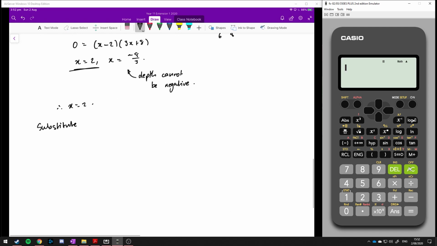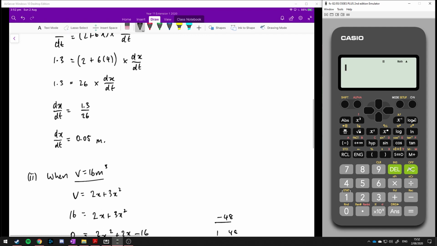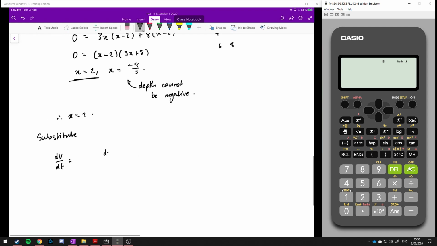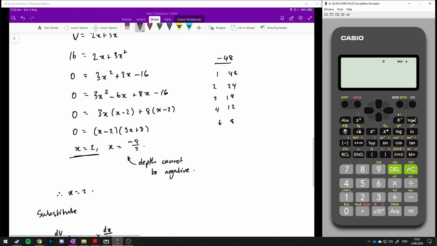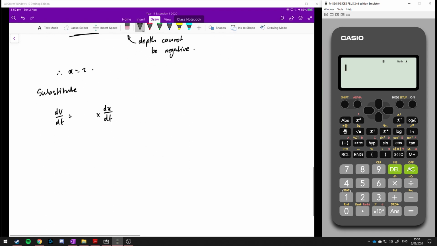So dV/dt is equal to the derivative of x with respect to t, so it's dx/dt over here, times our volume derivative, dV/dx. So dV/dx was again 2 plus 6x. What we're going to do is substitute 2 into this. So we have 2 plus 2 lots of 2, times dx/dt.